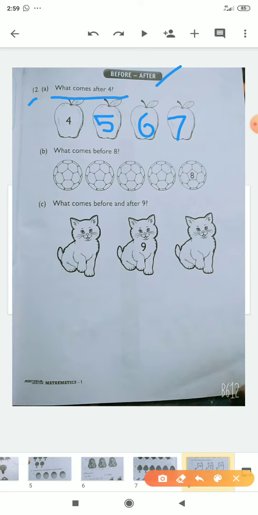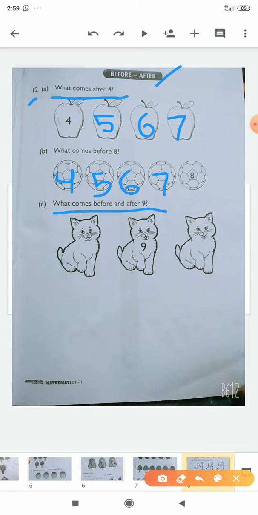I will tell you. 7 comes before 8. Okay. Then what comes before 7? 6. Then what comes before 6? 5. And what comes before 5? 4. Wow, very easy.